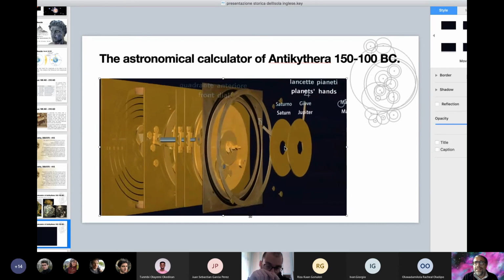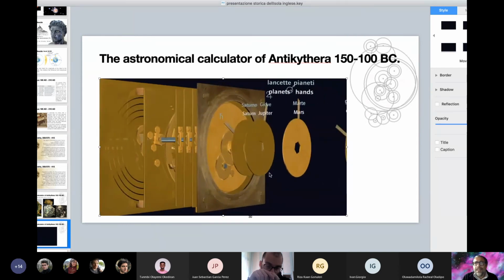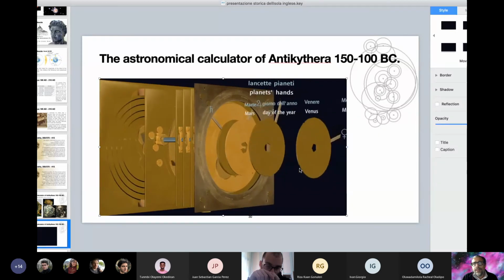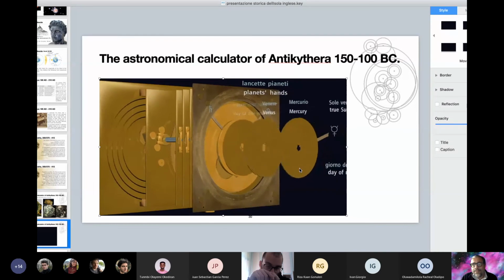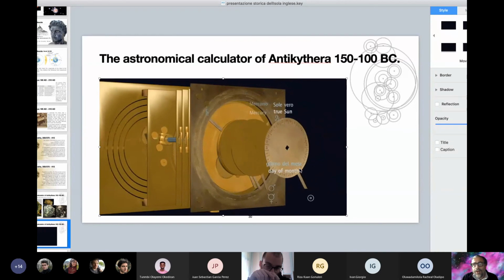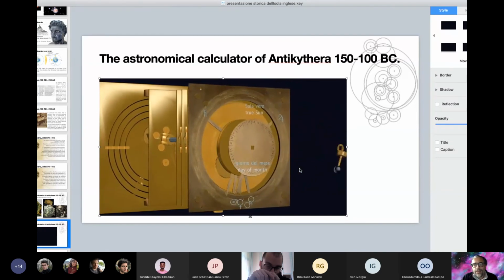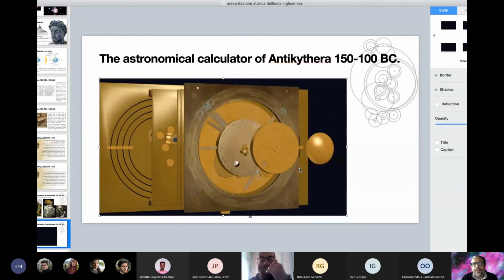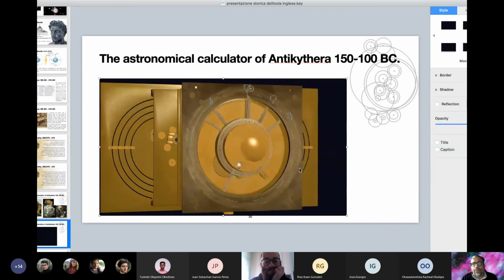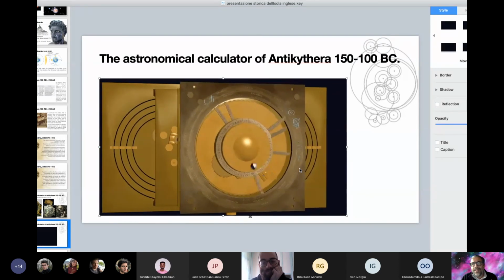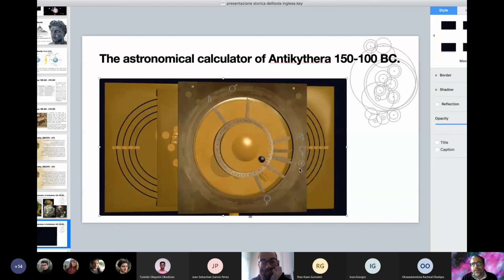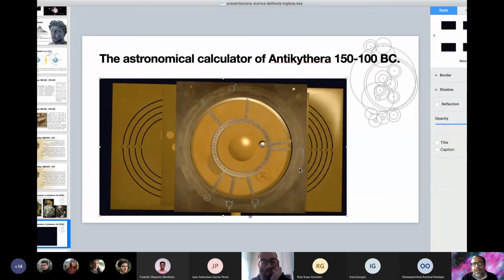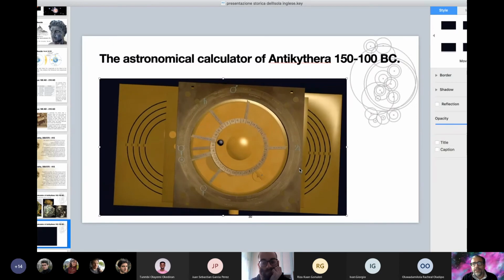The calendar, and then you have the wheels giving you the motion of all planets. This is the extreme evolution of the Nebra disk. Turning the wheel, you can see the motion of all planets in the azimuth: the moon, the planets, the phases of the moon, the sun.